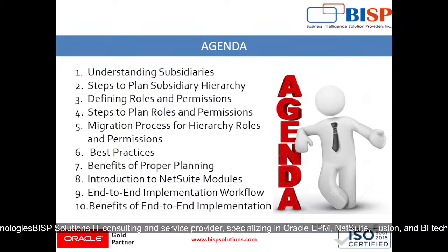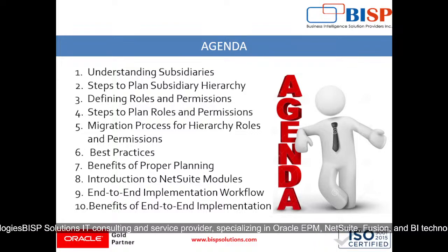Then we will be understanding what are the benefits of proper planning. Then introduction to NetSuite modules we will be understanding. Then end-to-end implementation workflow, how we can do end-to-end implementation workflow, which is migration of data from QuickBooks to NetSuite. And then what are the benefits of end-to-end implementation, why we are doing this end-to-end implementation project.